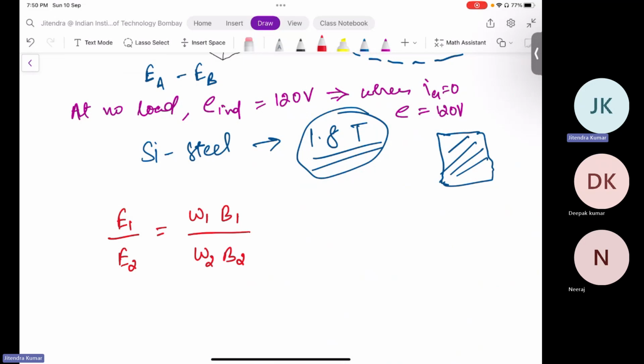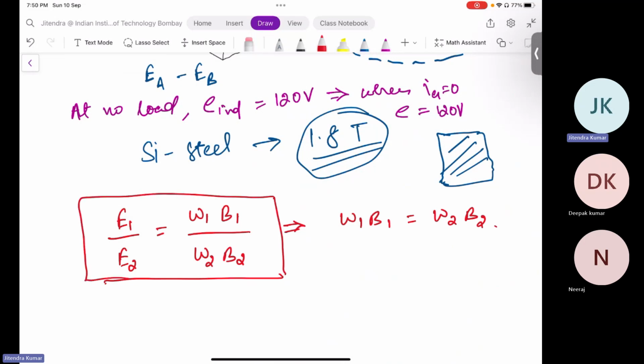So if it is unloaded, we have to compute according to that. Since E1 and E2 both will be the same at unloaded condition, if you further manipulate this expression, omega 1 B1 is equal to omega 2 B2.